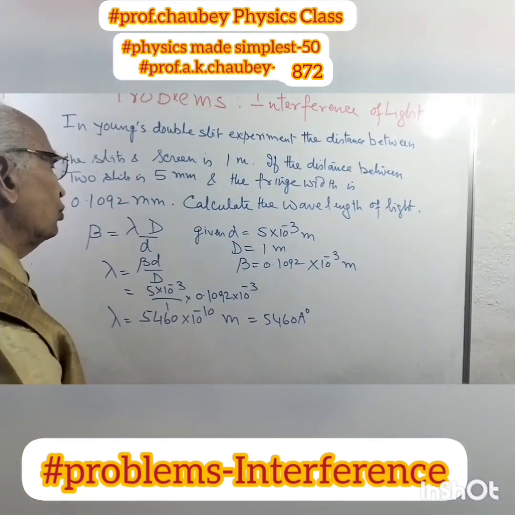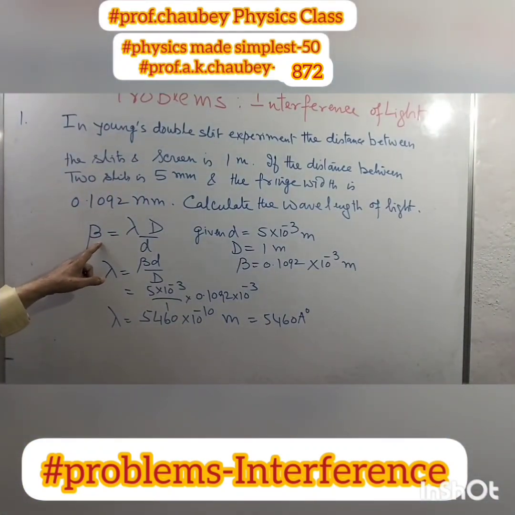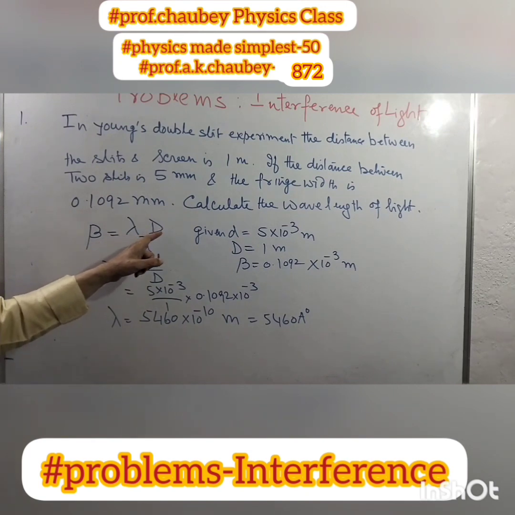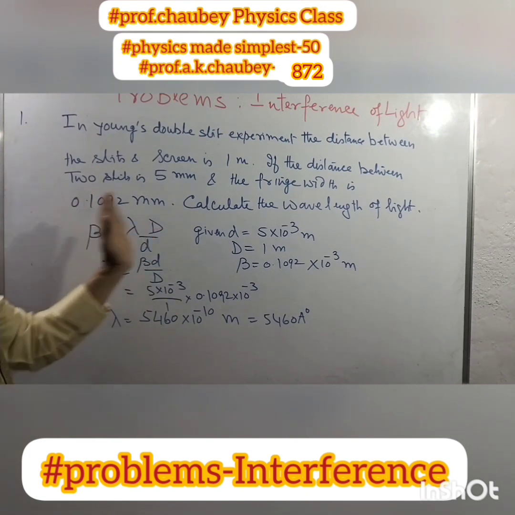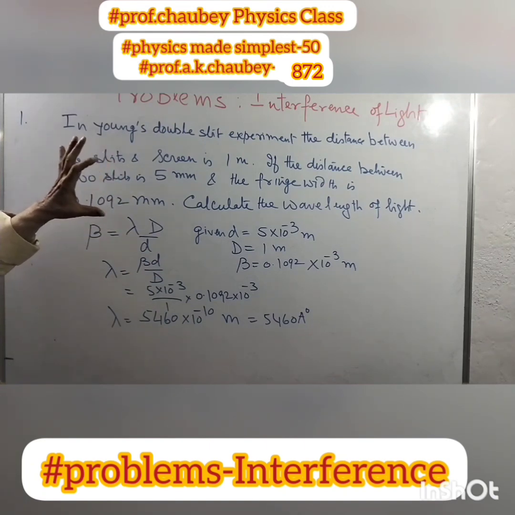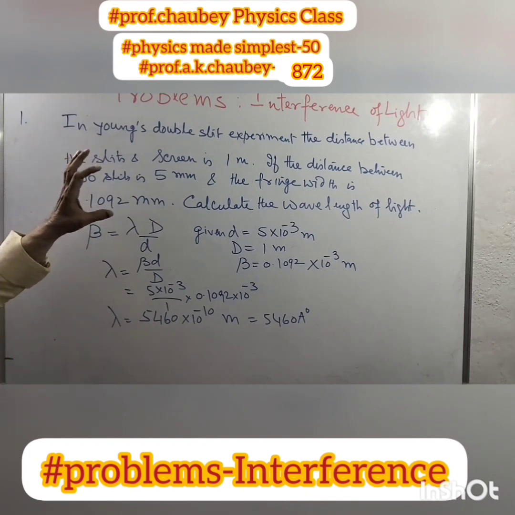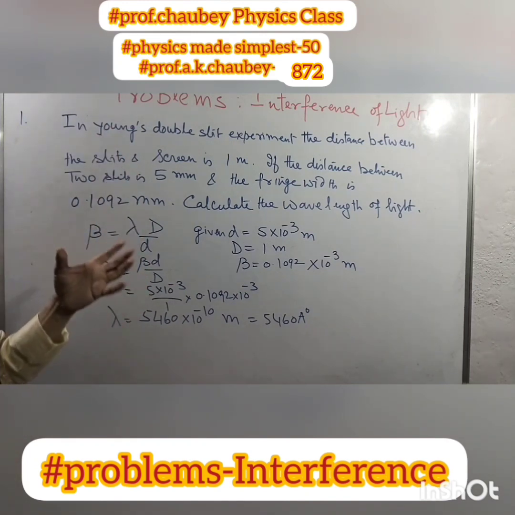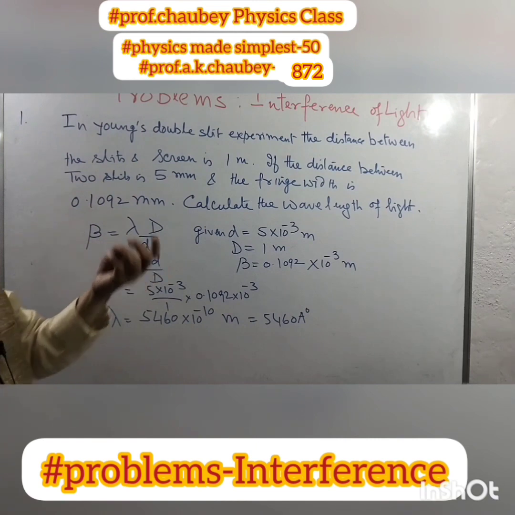As I told you, you have the expression for fringe width in terms of lambda, capital D, the distance of the slits from the screen, and small d, the distance between two sources made from one light source by Young's two pinholes, and also maybe by some other device like a prism.